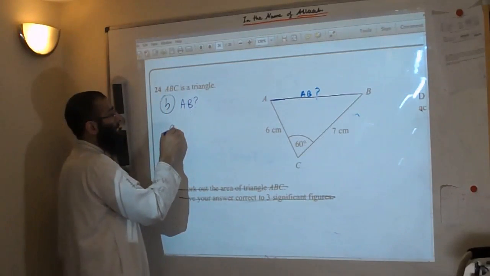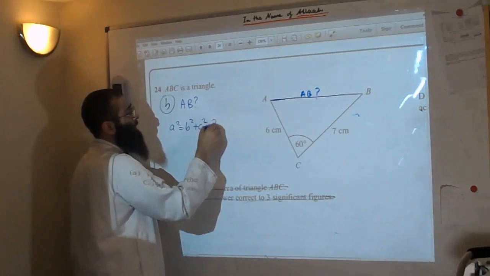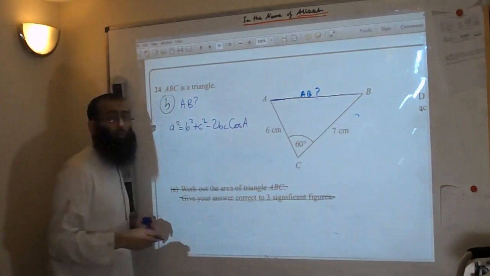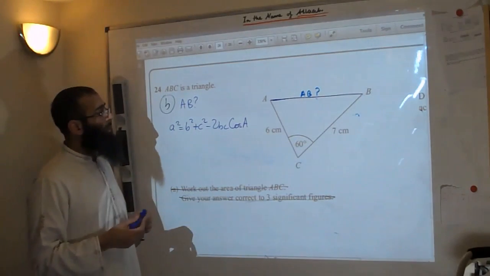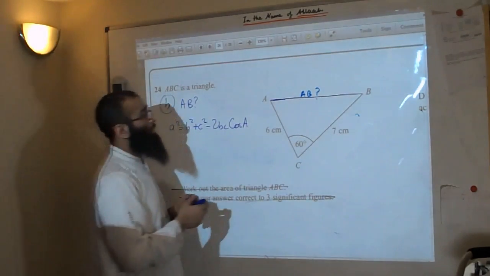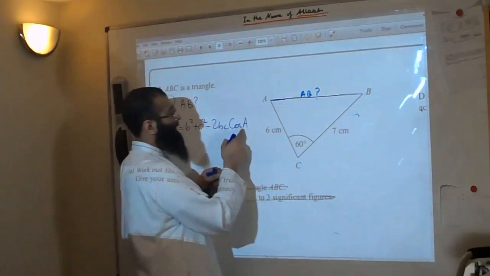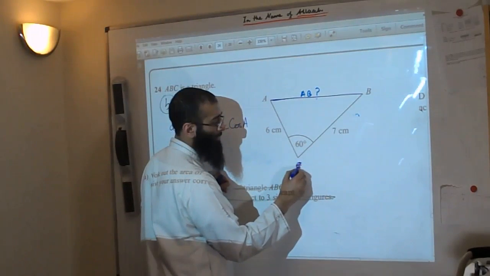So for that we say a squared is equal to b squared plus c squared minus 2bc cos A. Now in this particular instance, I'm just going to relabel some of the sides so it matches our rule over here. This cos A is talking about this angle here. So I'm just going to get rid of this one.